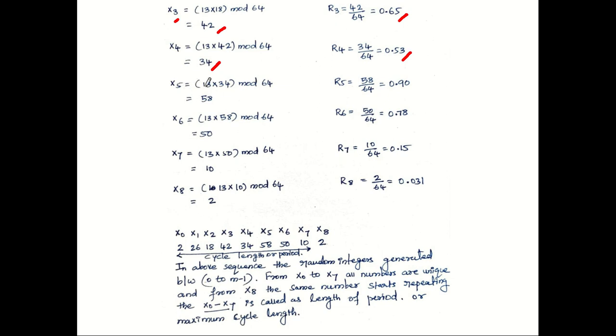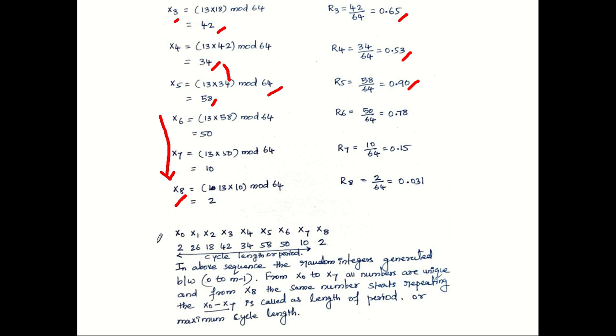Then x5 is calculated using x4, that is 13 into 34 mod 64, and this is the 5th random integer. According to the problem statement, we were asked to generate random numbers till x5, but we have continued till x8 here.